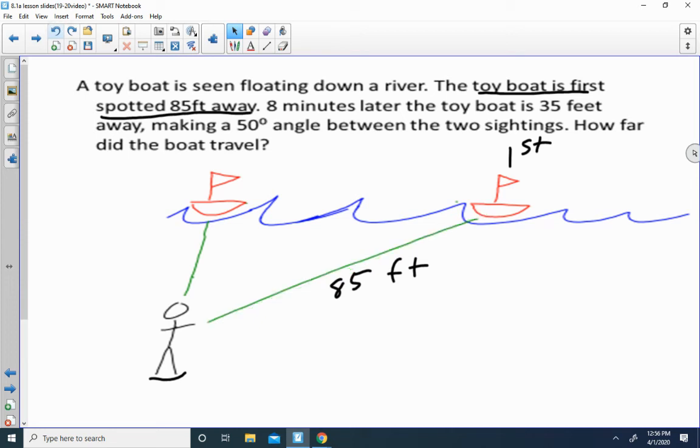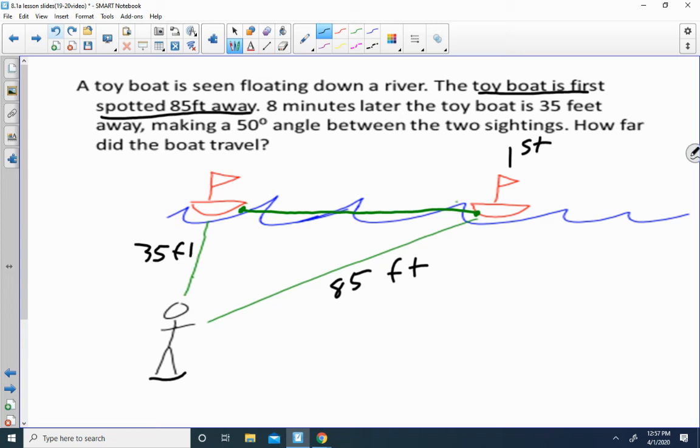Okay, so now 8 minutes later, the boat is then seen 35 feet away, making a 50-degree angle between the 2 sightings. So what's happening here is basically after the first spotting, the boy is going to keep watching the boat as it floats down the river. And let's say 8 minutes have passed. And after 8 minutes have passed, the boat is now closer to him.